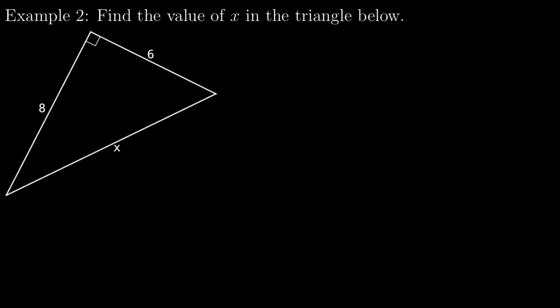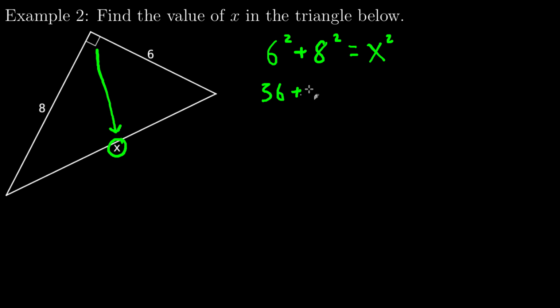All right, next problem. Find the value of x in the triangle below. So same start, right angle, go across to find c. c is x in this case, so I have an x squared by itself. I have on the left-hand side, a squared plus b squared, so 6 squared plus 8 squared. 6 squared is 36. 8 squared is 64.